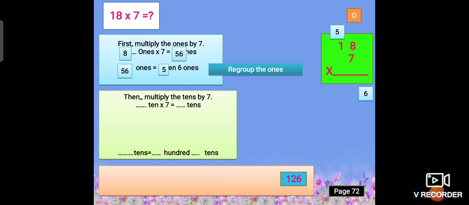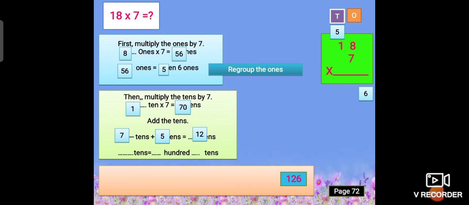we work on tens. So we multiply the tens by 7. How many tens we have? 1 times 7 equals to 7 tens. And let's add the tens. We have 5 tens plus 7 tens, so sorry, 5 tens plus 7 tens equals to 12 tens.